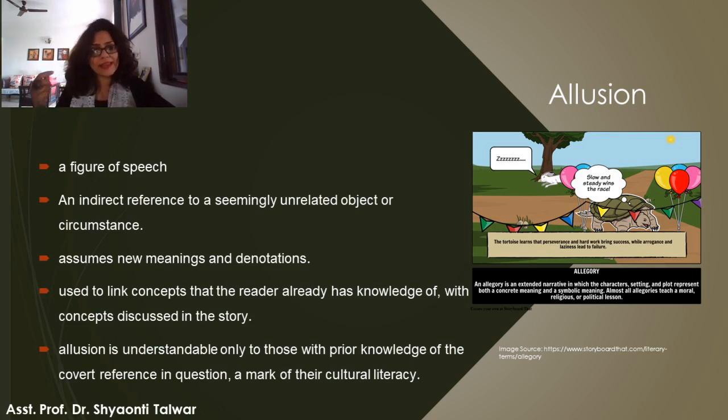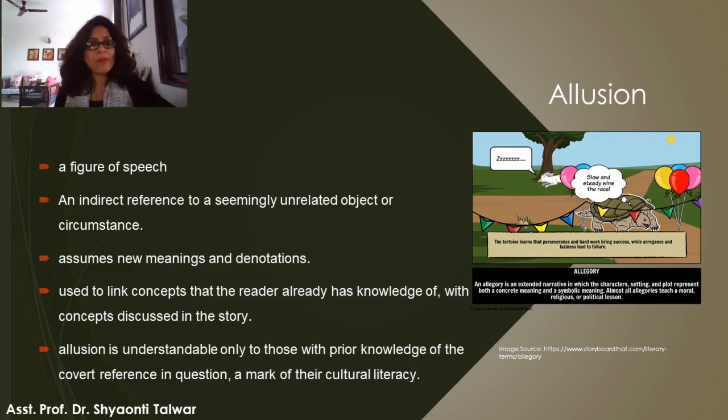But the moment I allude to the tortoise or the hare, I am bringing in a story, characters from another context, to convey what I'm trying to tell her, to give her the message in a more compact manner by referring to a story.